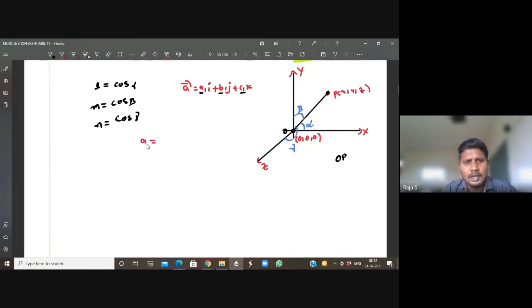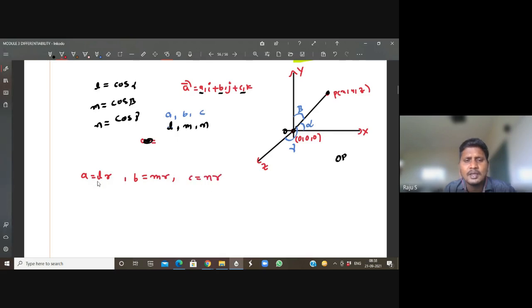In three-dimensional geometry, in any question, the direction ratios are denoted by small a, b, c, and direction cosines are always denoted by L, M, N. Since they are proportional, we can write a is equal to L r, b is equal to M r, and c is equal to N r.